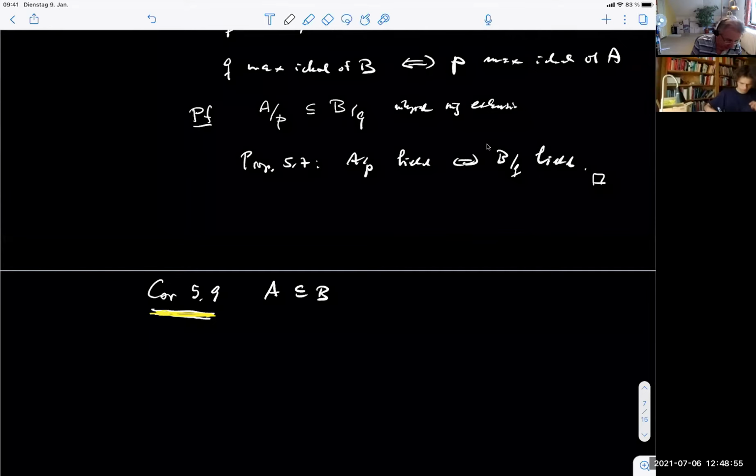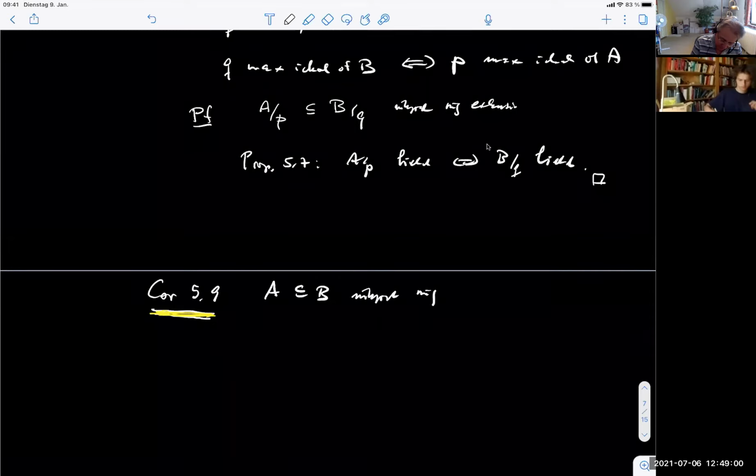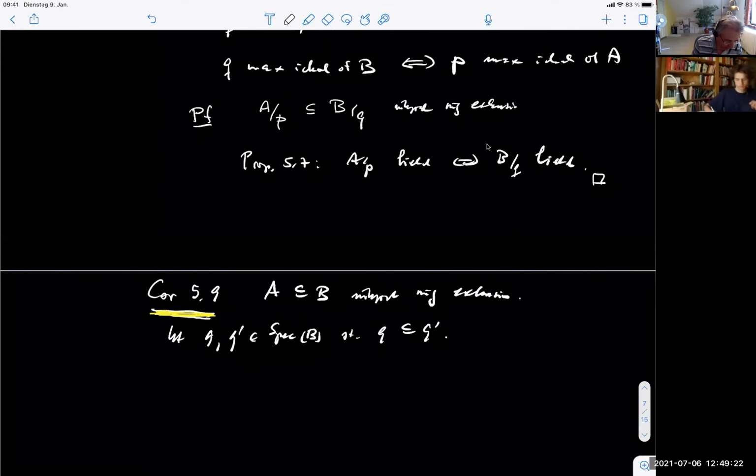So I have an integral ring extension A to B. Then I assume I have two prime ideals, Q and Q prime of B, and the one is included in the other, such that Q is contained in Q prime.